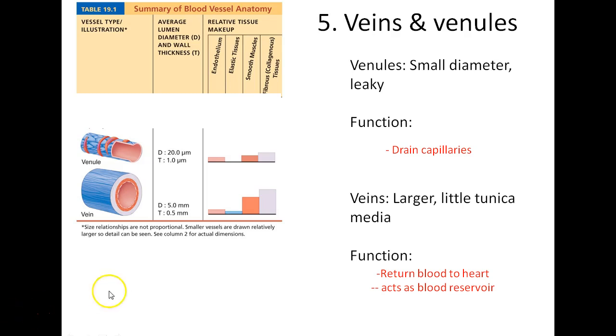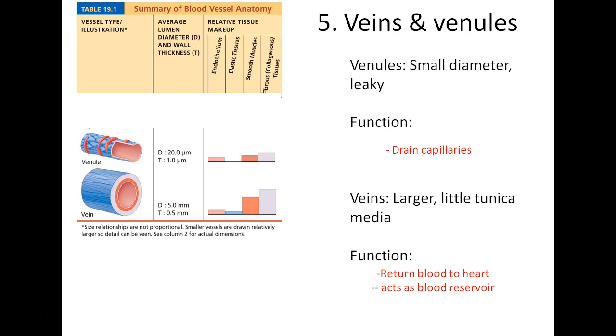Now, keeping track with our diagram we've been talking about, notice how the endothelium is always present, but now we're starting to add elastic tissues back in, and smooth muscle is returning, as well as an outer fibrous tissue. So these veins then merge, again, starting with venules. It would go capillaries, venules, and then veins.